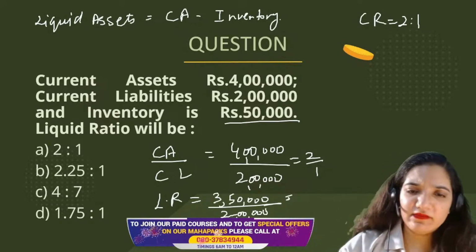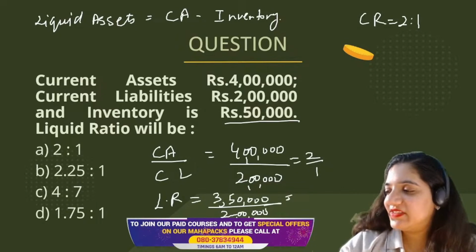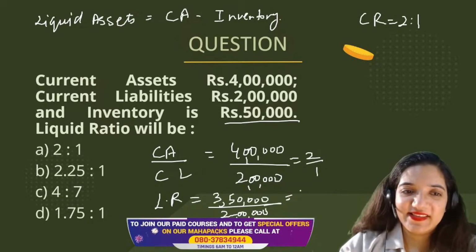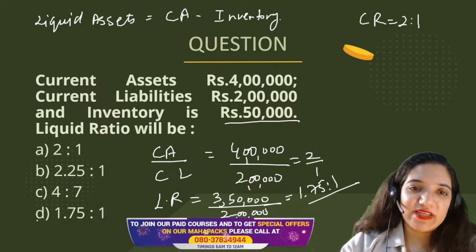It turns out to be 1.75:1. So the correct answer would be D, everyone.